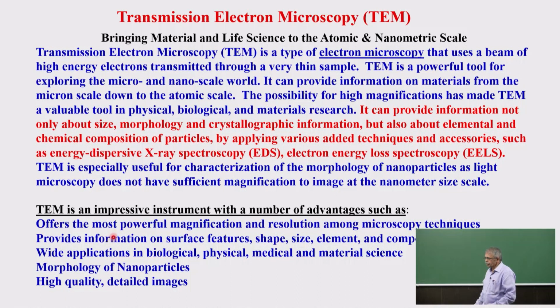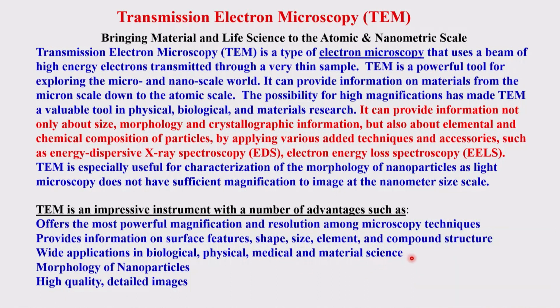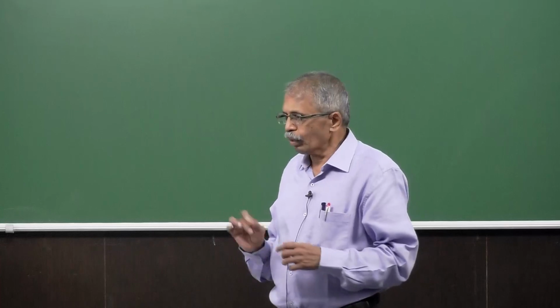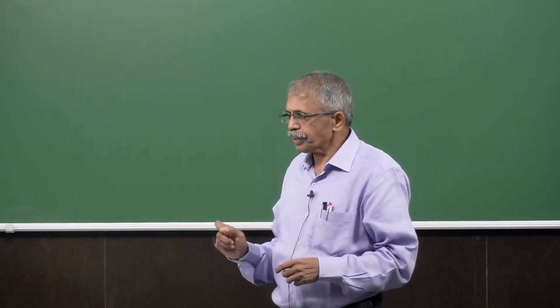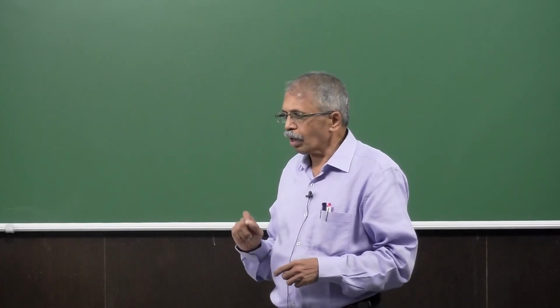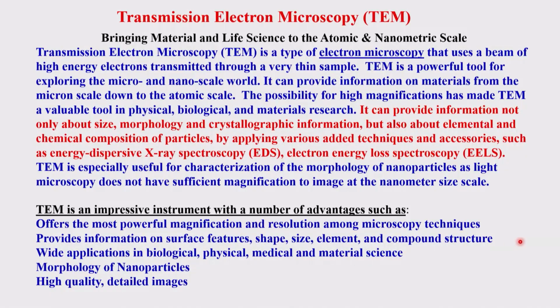So the TEM is an impressive instrument with a number of advantages. It offers the most powerful magnification and resolution. As I said in the earlier classes, magnification alone is not sufficient; magnification followed by resolution is important, and that is what you get. It provides information on surface features, shape, size, elements, which I just talked about, and compound structure.